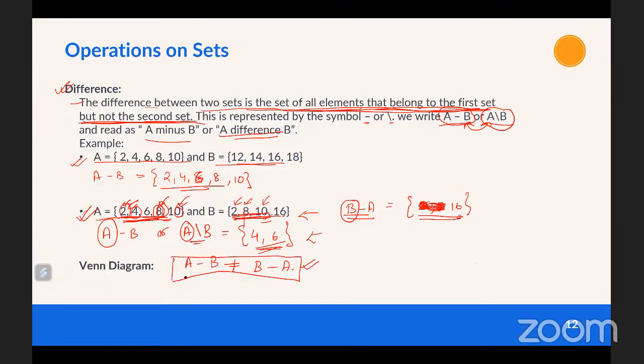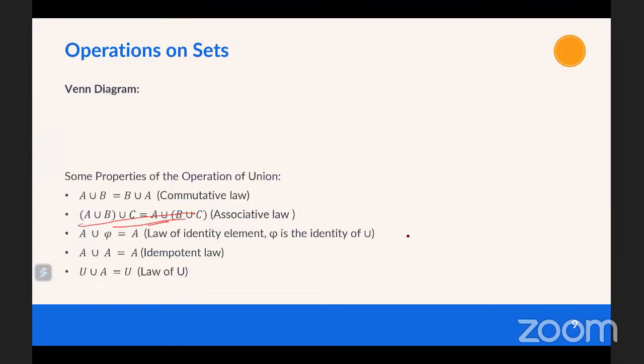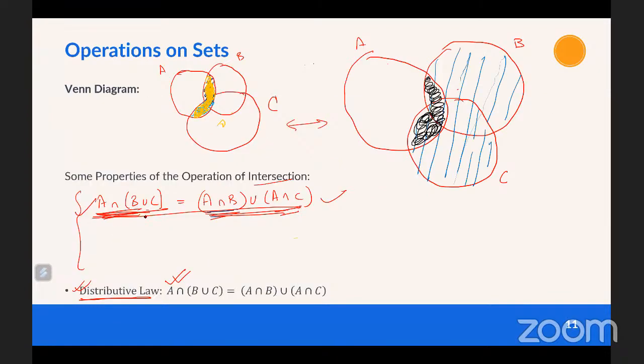Okay. In the earlier case, when we were doing A union B, this was the same as B union A. Remember? We can go back and see here: A union B was the same as B union A. Similarly, when we were doing intersection, we wrote that A intersection B was the same as B intersection A, right?